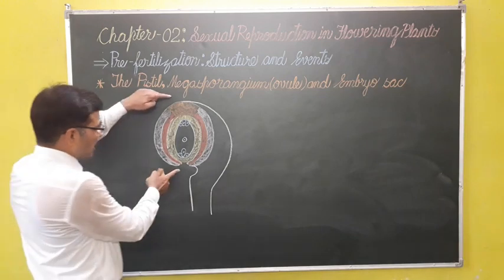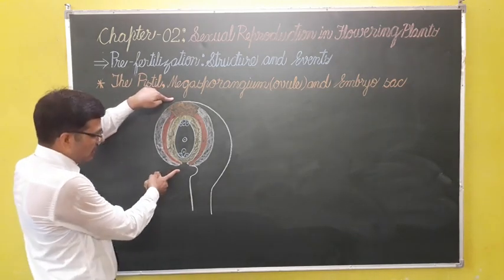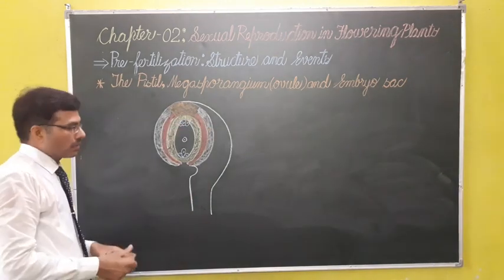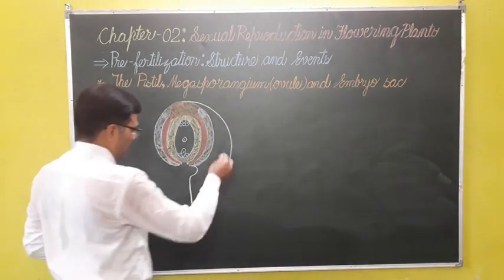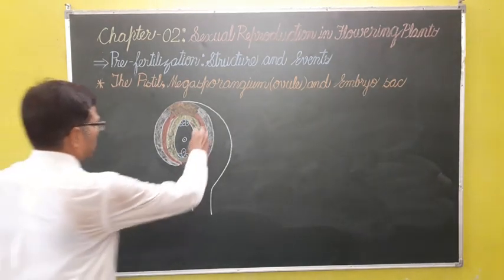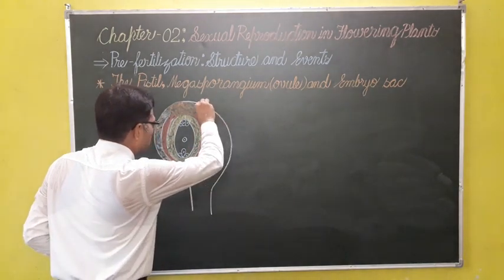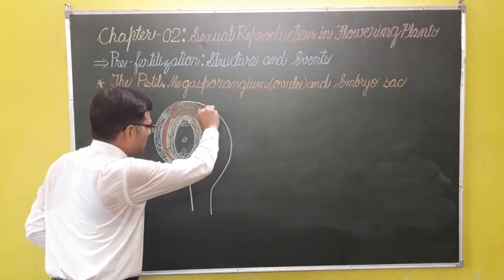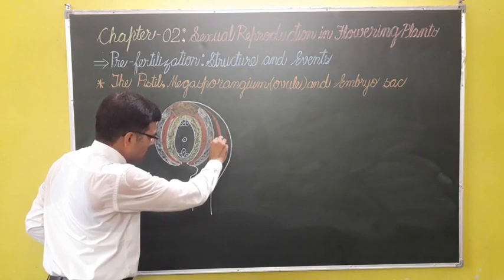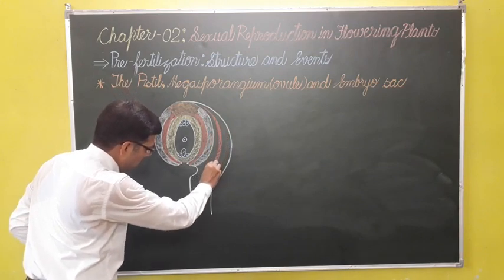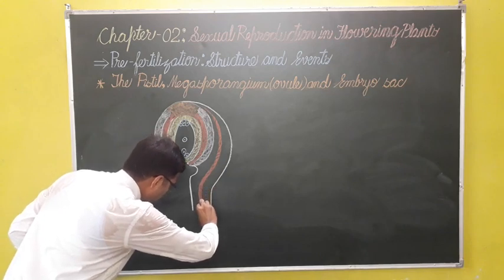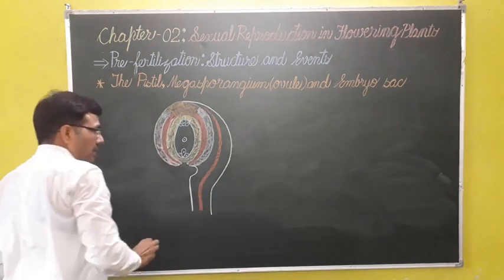This is the main part, which is called the body of the ovule, and this I have drawn is the stalk of the ovule. Now for the nourishment, here is the supply of the vascular bundle through this funicle. So through this vascular bundle, the ovule gets nourishment.